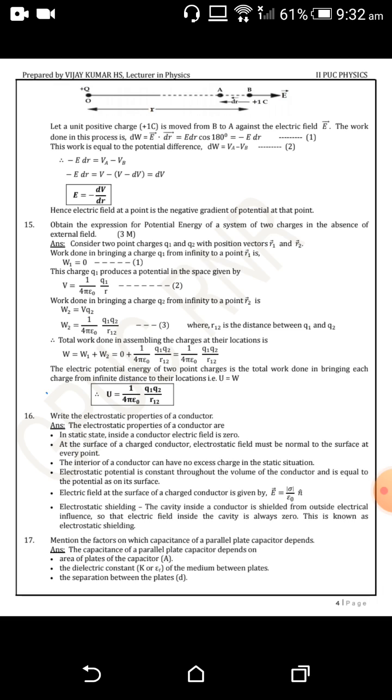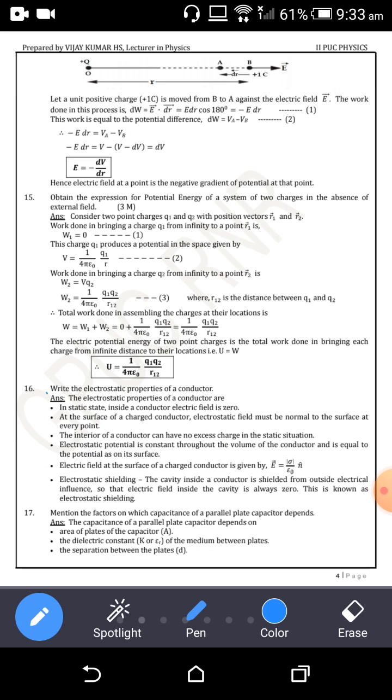The work done comes out to be 0 because there is no charge present before bringing the charge q1. So hence W1 is equal to 0.